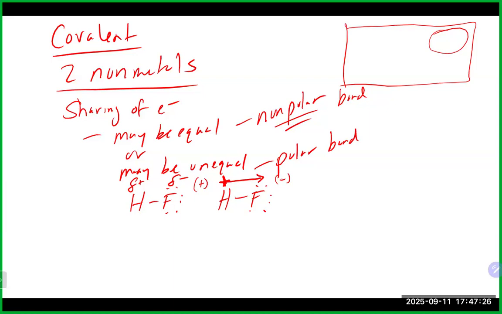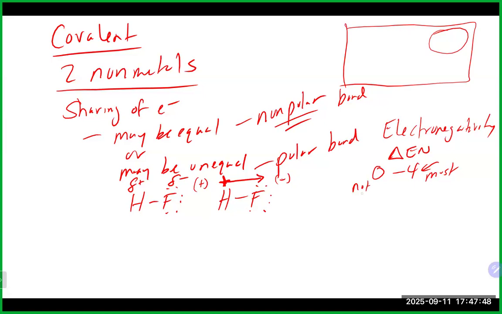The one thing that really helps us determine how the electrons are going to be shared is electronegativity. And we oftentimes will look at the difference, or the change, in electronegativity. Pauling came up with a scale of 0 to 4, as we saw at the very end last time. 4 is the most electronegative.